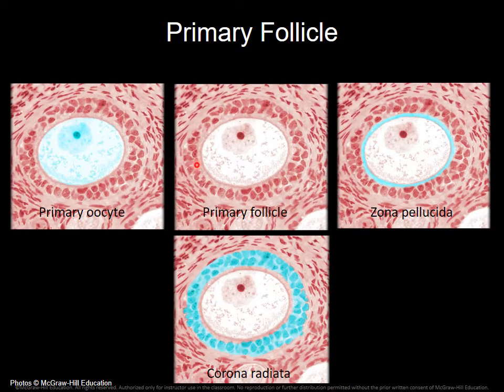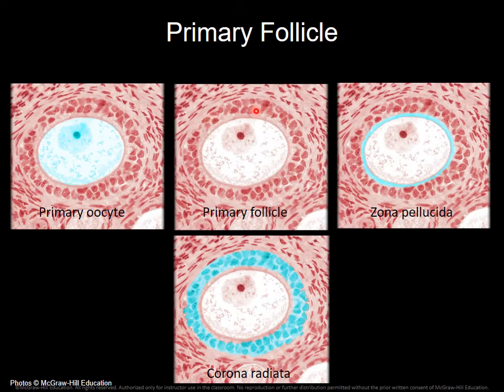A primary follicle is a bit larger, so you can see it is expanded around the oocyte, the primary oocyte, and it has a lining of simple cuboidal or slightly stratified cuboidal epithelium as it gets closer to its conversion to a secondary follicle.